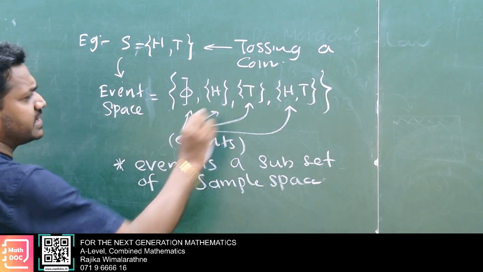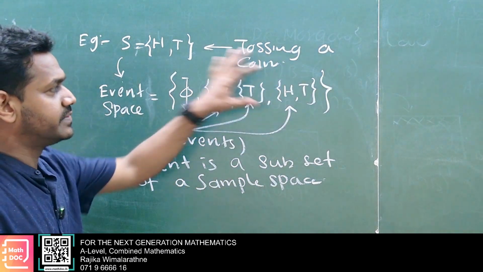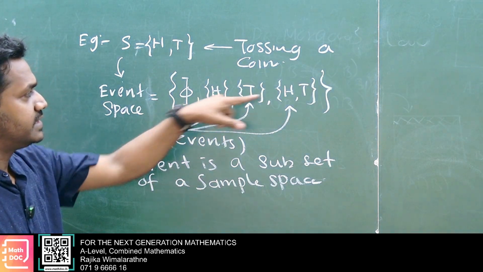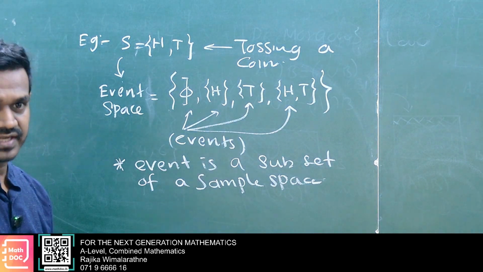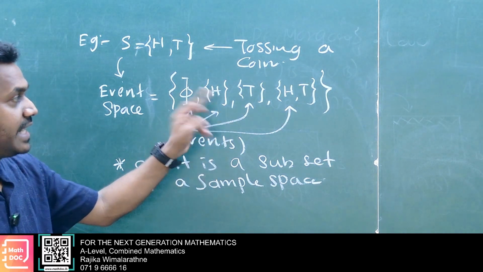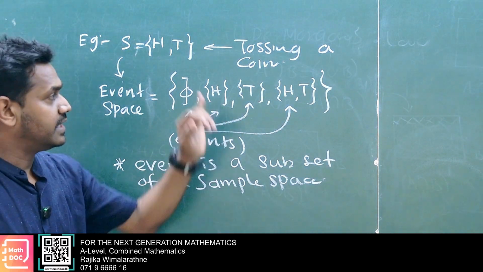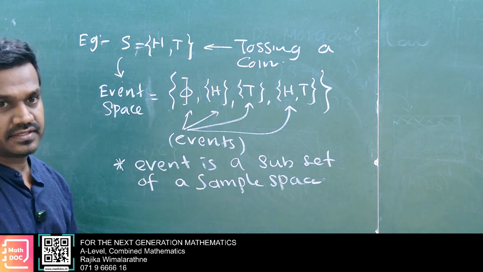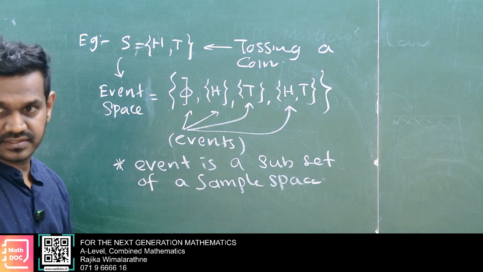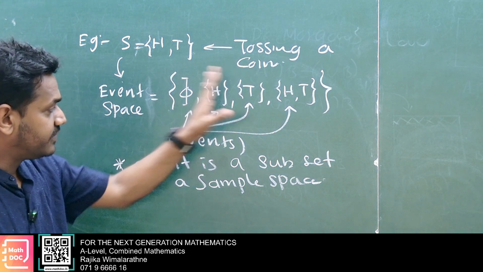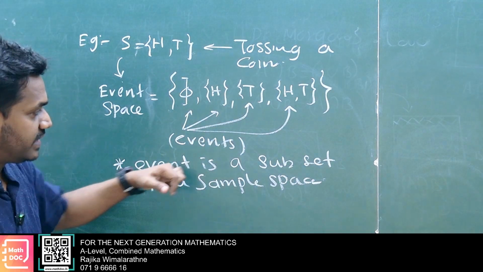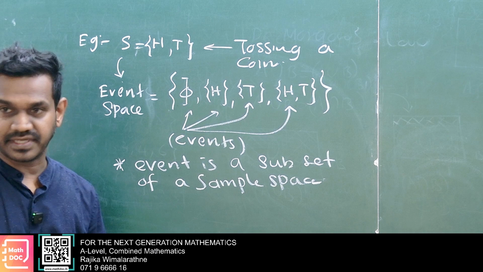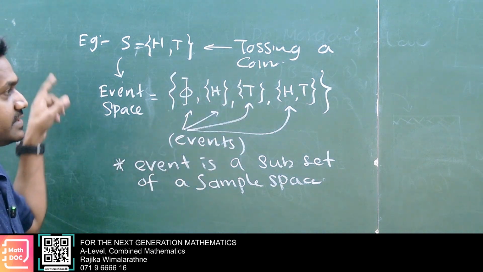Then here this is the event space, all possible subsets. Then these we call events. So this event we call getting head. Here getting tail. Getting head or tail. Here getting nothing. Okay. These are the event space. Then an event is a subset of a sample space. Okay, just write that one as well.